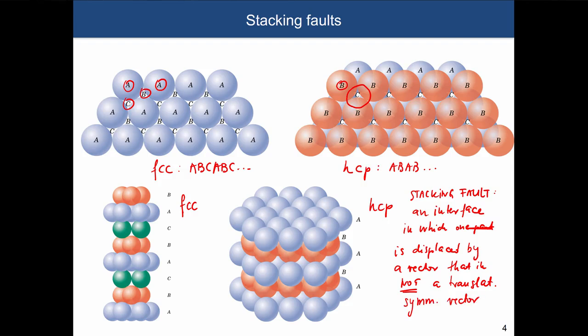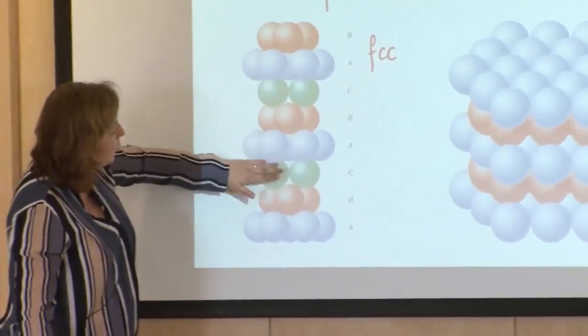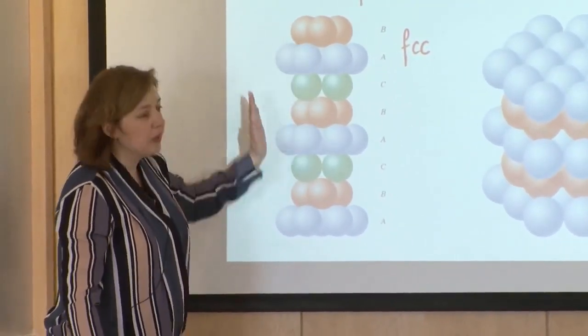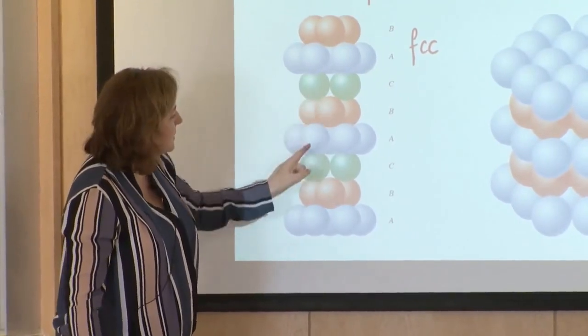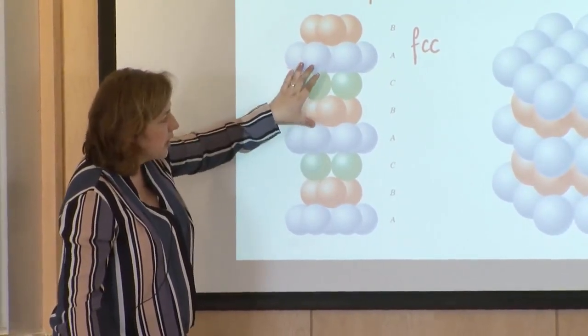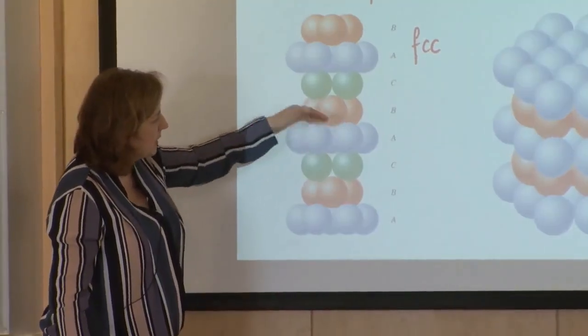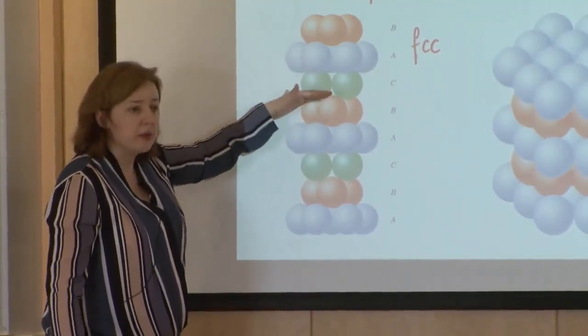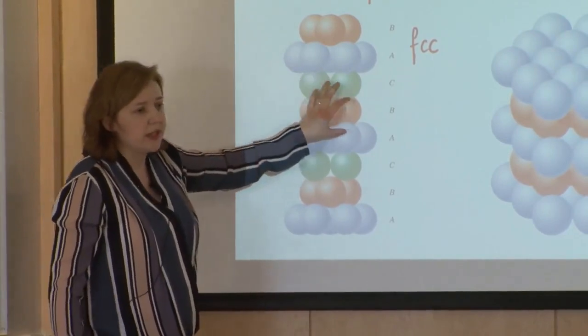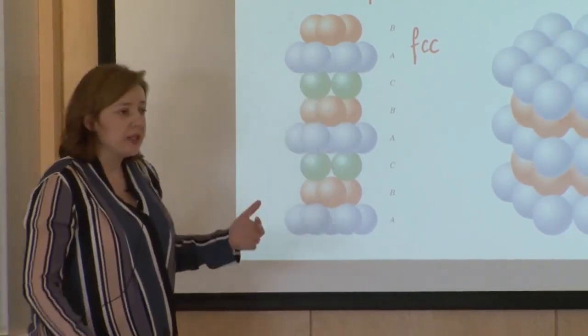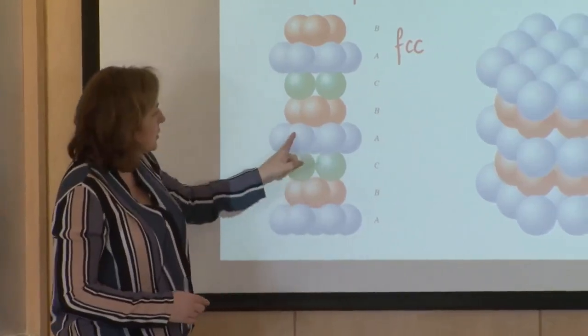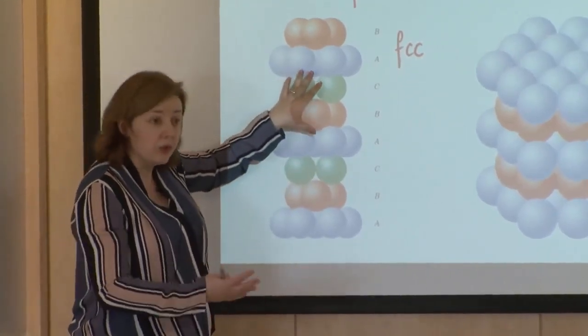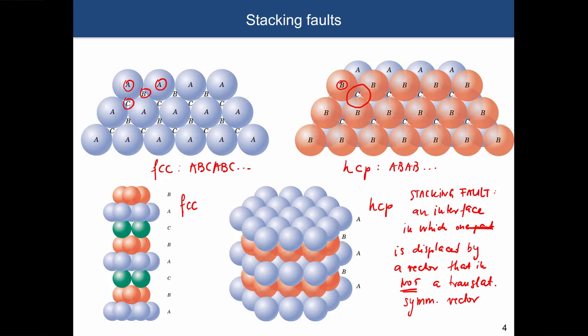What that means in this particular case that I just explained is that the translational symmetry vector in the FCC crystal would be between blue atoms, for example. So it would be 3 layers. So the stacking repeats itself after 3 layers. So if you have some kind of stacking that disturbs that particular packing, then this would be called a stacking fault, meaning that the translation or the mismatch does not follow the translational vector itself.